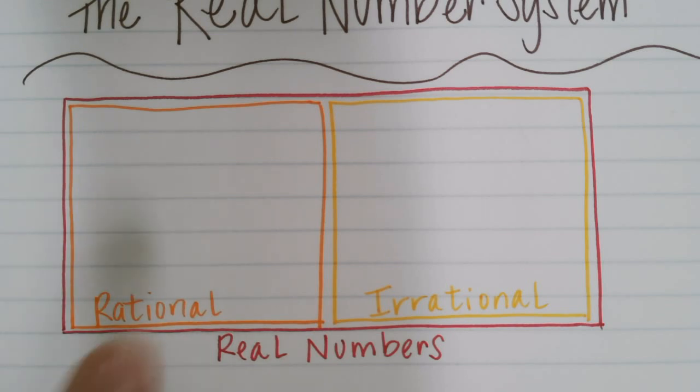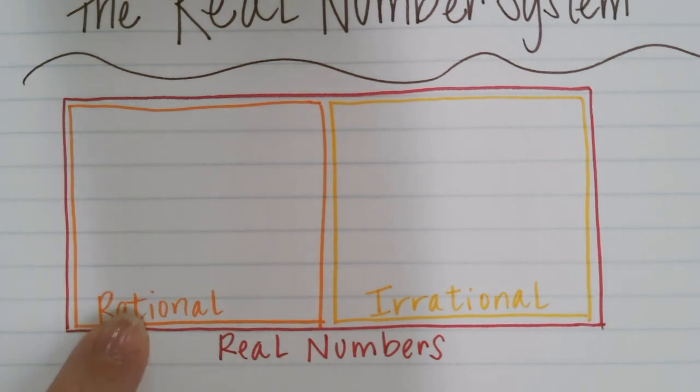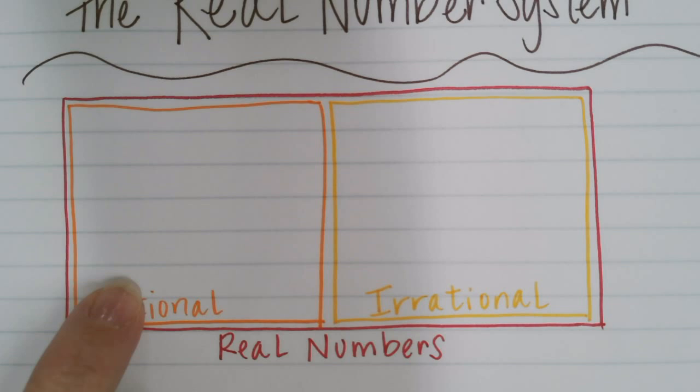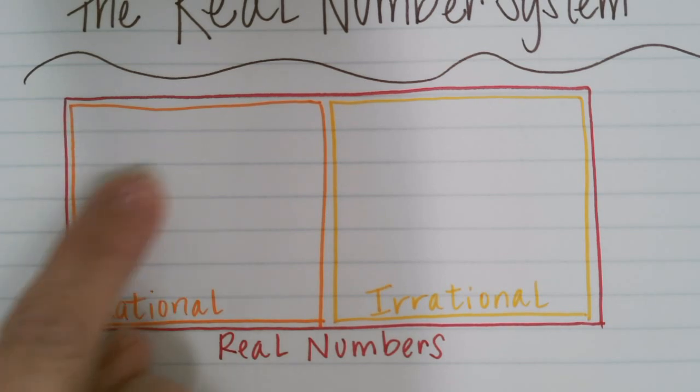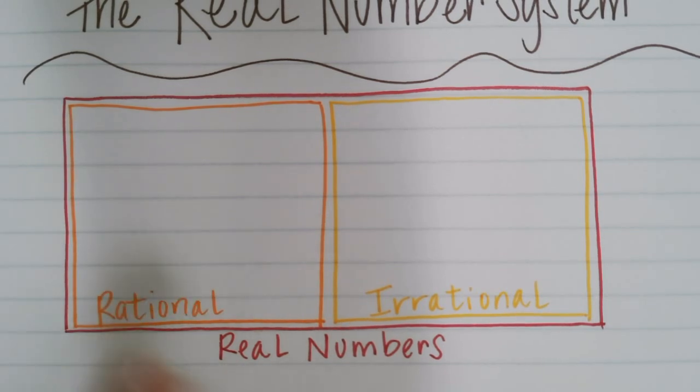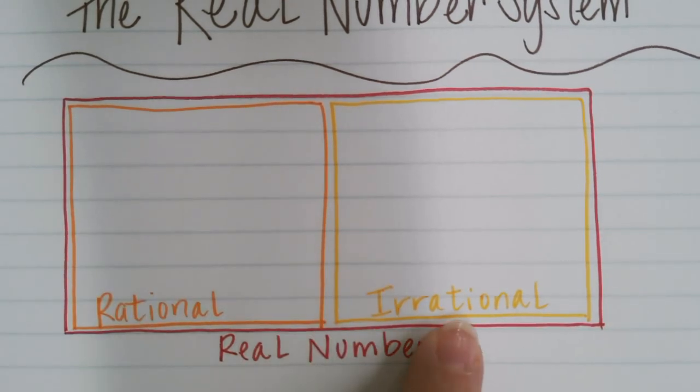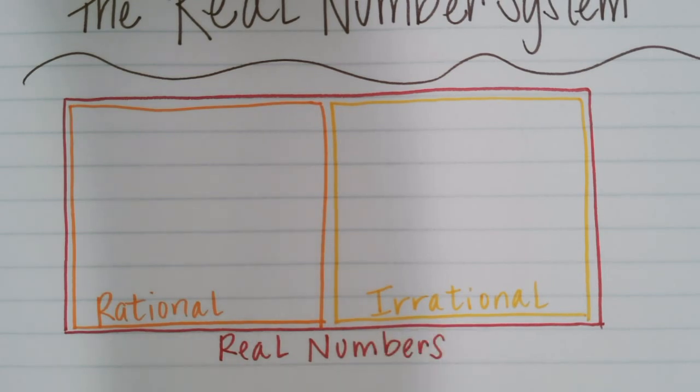So in the rational category are all of the numbers that you guys have used. Fractions, decimals, whole numbers, positive, negative, integers, mixed numbers. Those are all rational numbers. What's going to be new to you are the irrational numbers. Now, there are two major types of irrational numbers.